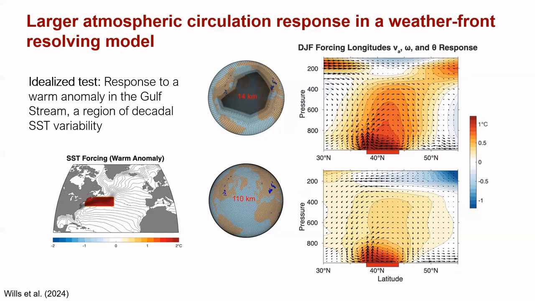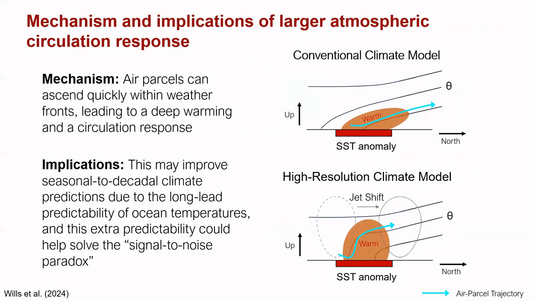That's much weaker in the low resolution model, and a much stronger cross-frontal circulation in the atmosphere. And so this is basically the mechanism that I discussed already, where when you resolve fronts, the air parcels can ascend much more rapidly within these fronts, and this can lead to a deeper warming and something like a jet shift through thermal wind balance.